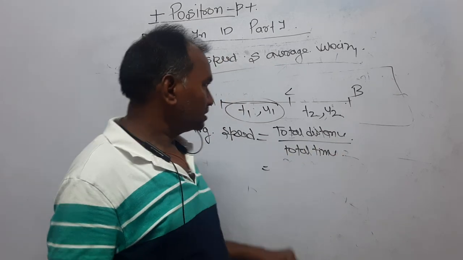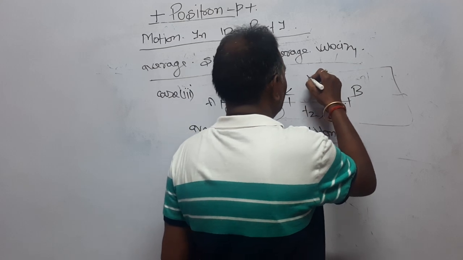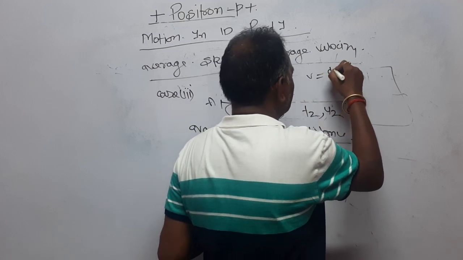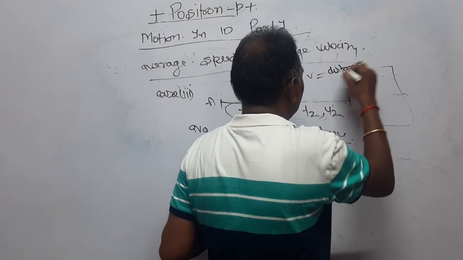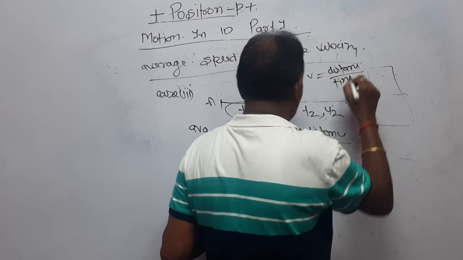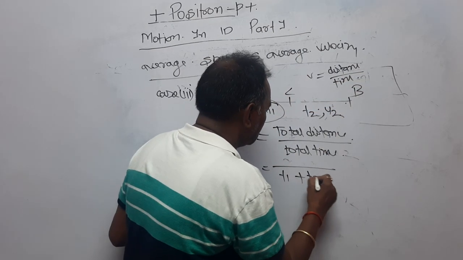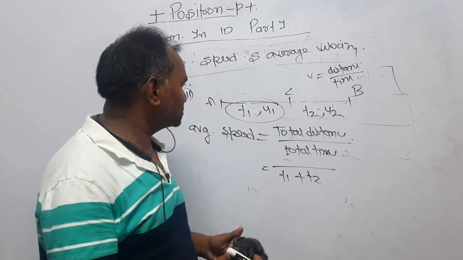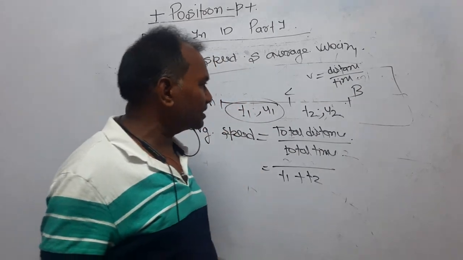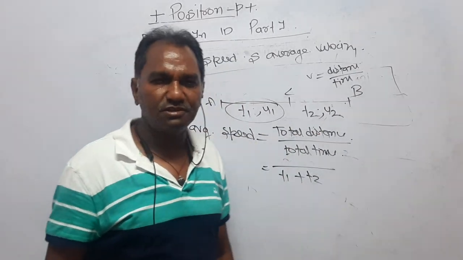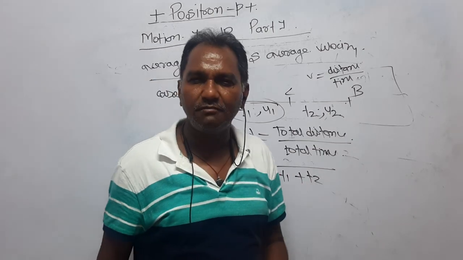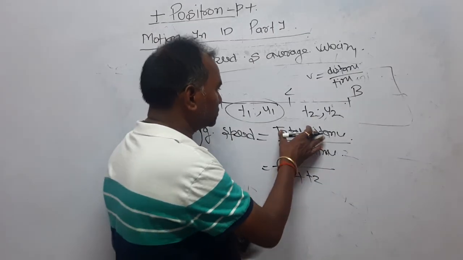Dear students, velocity v equals distance or displacement upon time. Total time is t1 plus t2. In this case, first it is clear. First t1 time it travels with u1 velocity, and last t2 time it travels with u2 velocity. So total time will be t1 plus t2. Now total distance.